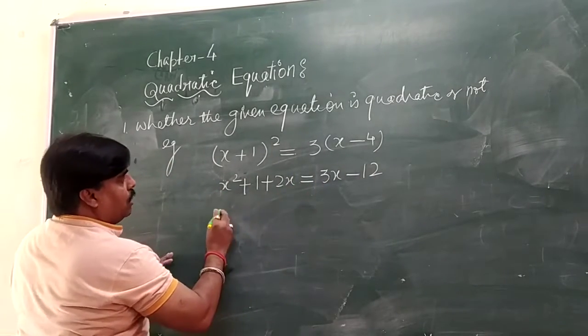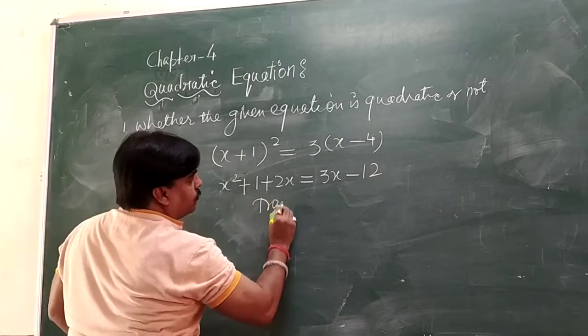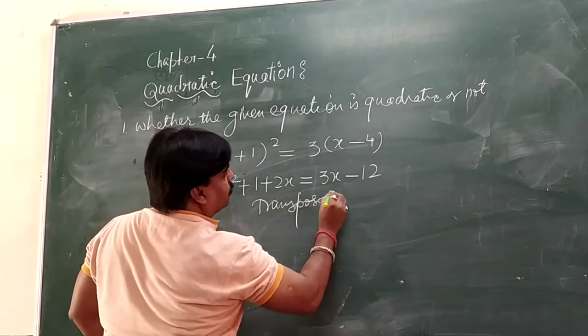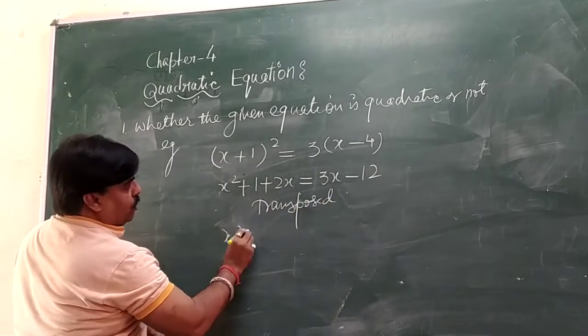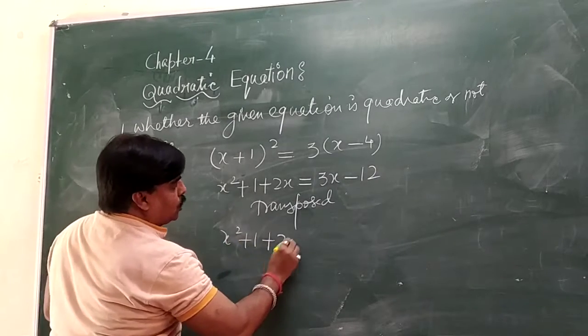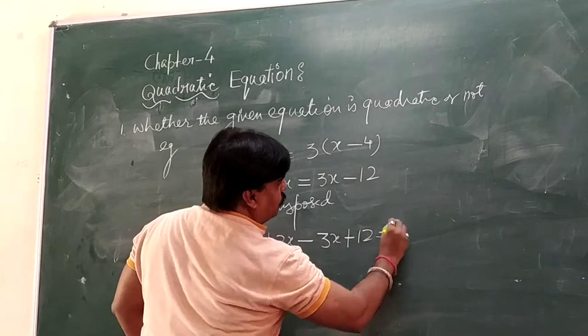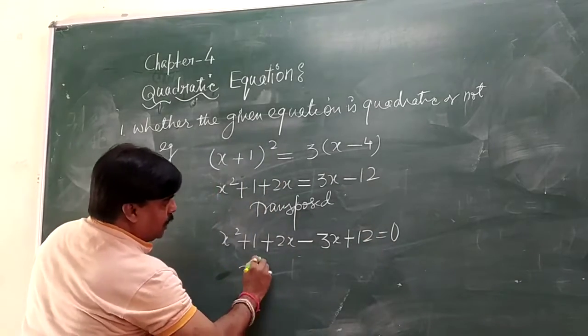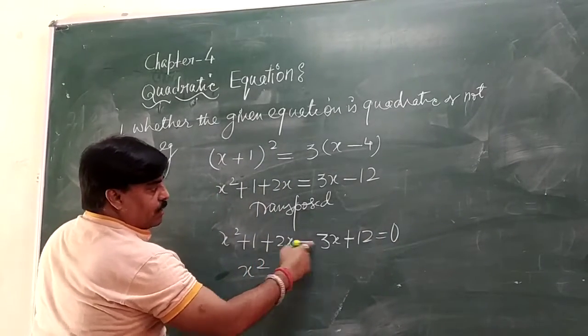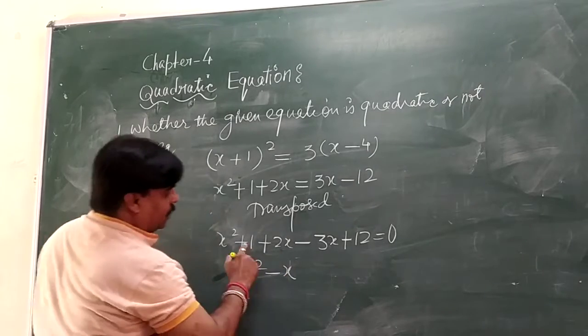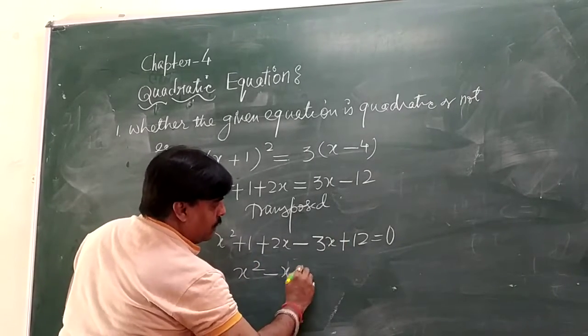Just make it equal to 0. So now you are going to transpose. So this is x square plus 1 plus 2x minus 3x plus 4 is equal to 0.